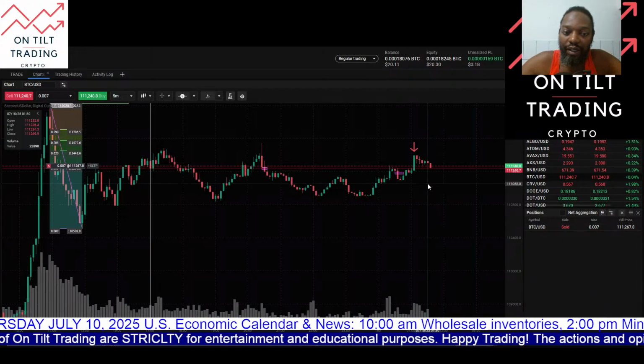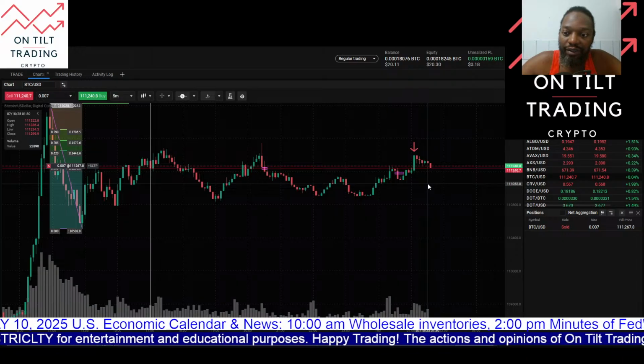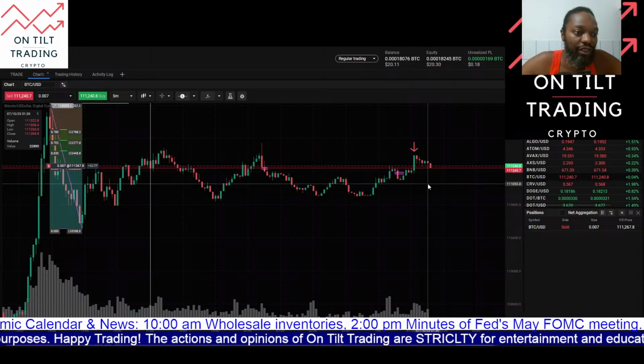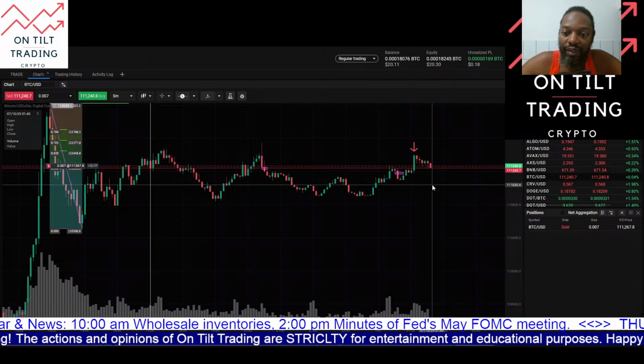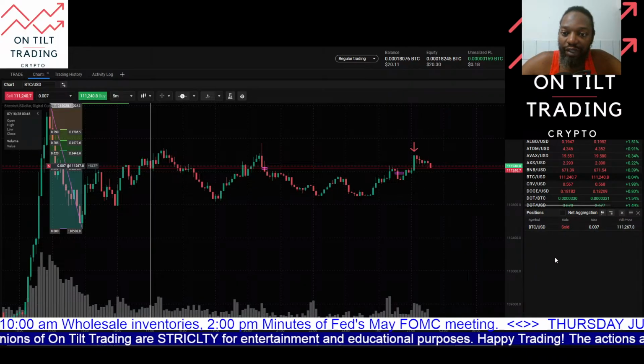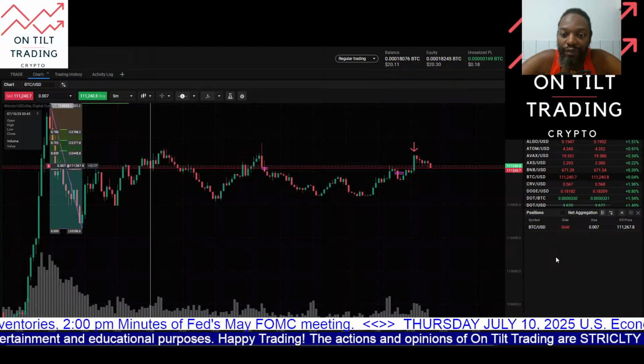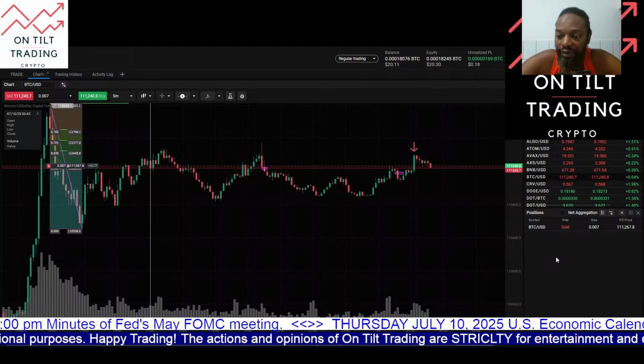Price being delivered to the sell side in this candle and currently testing the previous 5-minute low, which is 111,234.5. Price trading just $5 above that at this time. Overall sell side delivery in this 5-minute candle.